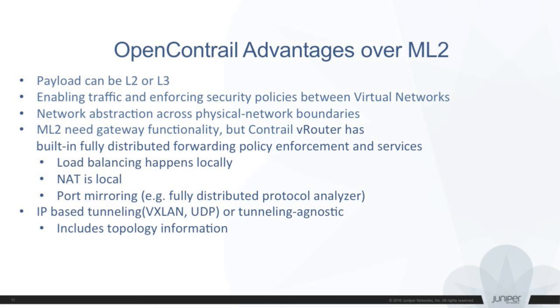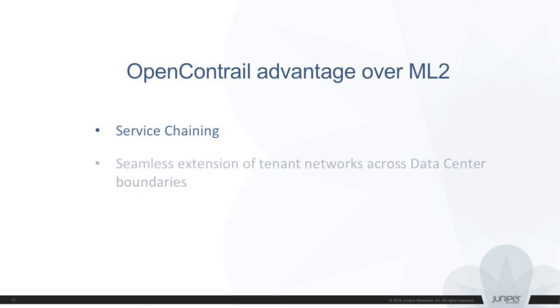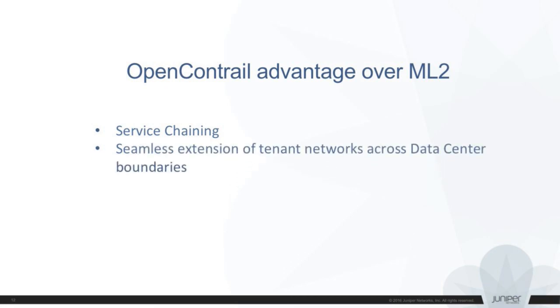Another thing is, obviously, you can do service chaining easily. I mean, other people can do service chaining too, but here you can do a lot more easily, just by defining policies and using the security aspects that it has built in, and it has a seamless extension of tenant networks across the data center boundaries, which comes for free when you use OpenContrail.